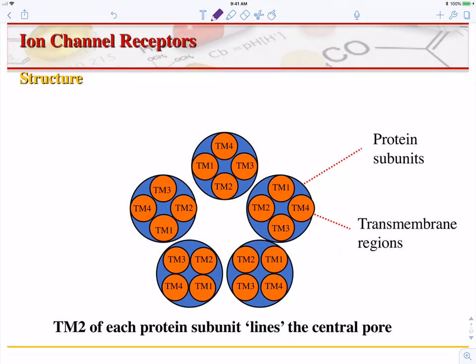The structure then, looked at from above, has these 5 subunits, each of them formed by these 4 transmembrane helices. The so-called TM2, the transmembrane helix 2, ends up lining the pore of the channel, and so it's the one in charge of controlling passage of ions.